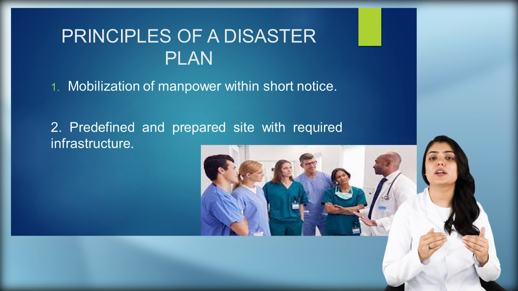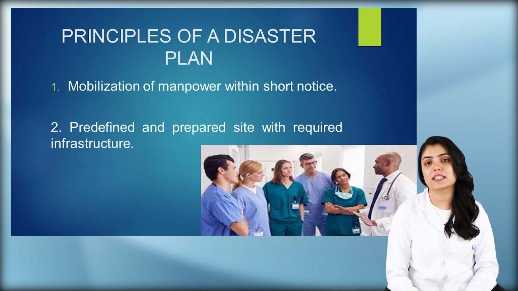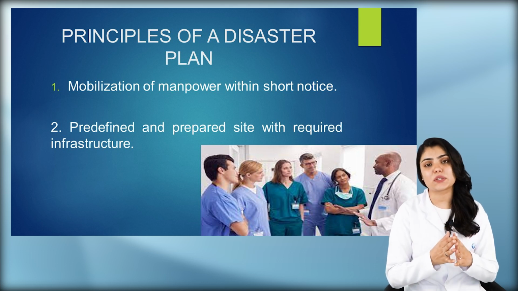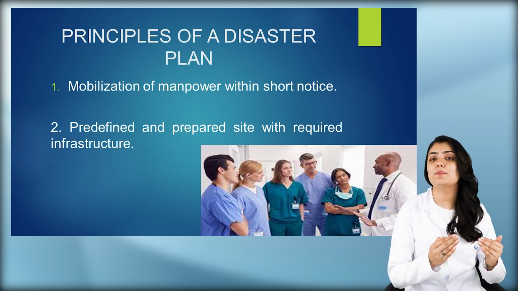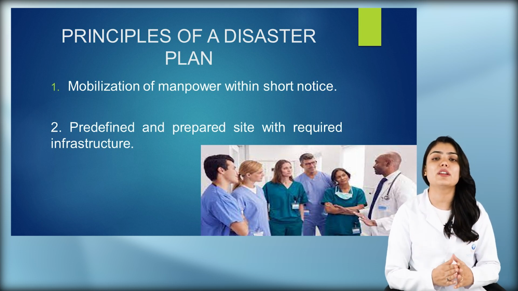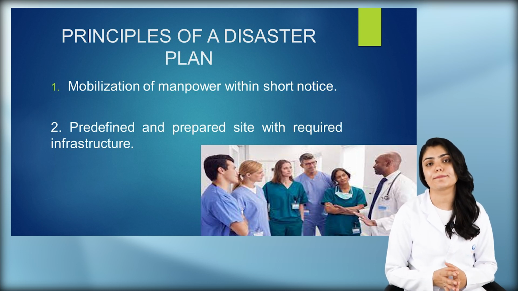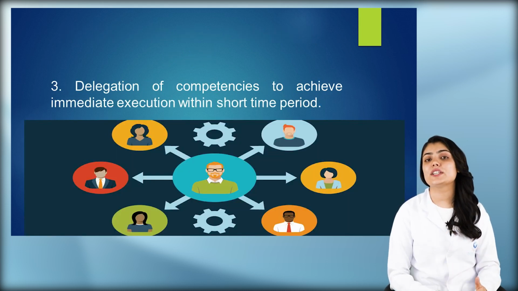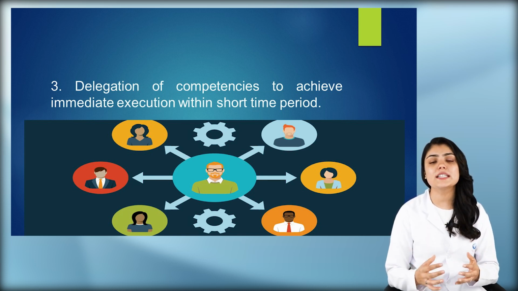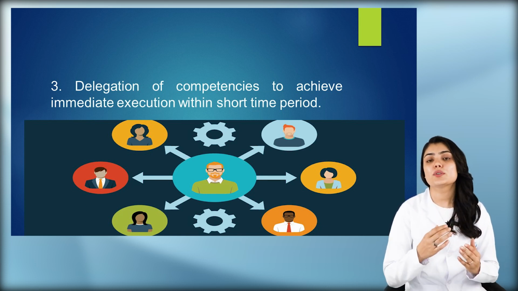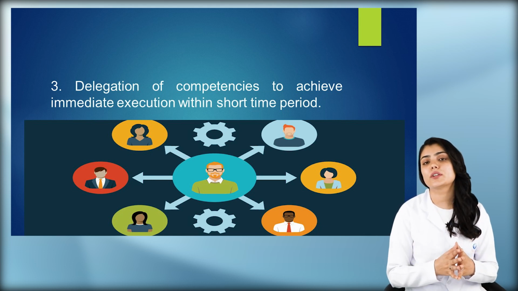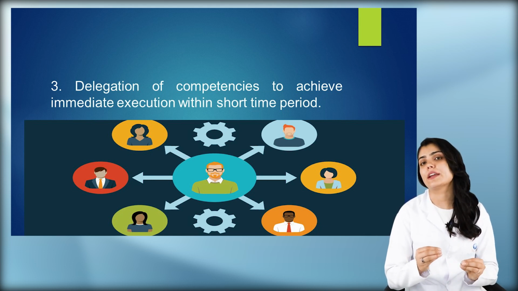Every hospital, to address the need in times of disaster, must have certain infrastructure, and therefore that infrastructure must be properly planned and readily available in all of the hospitals. The third principle is delegation of competencies, which means delegation of responsibilities to each and every employee so that the employee, as they receive the alert code, can immediately initiate their work.